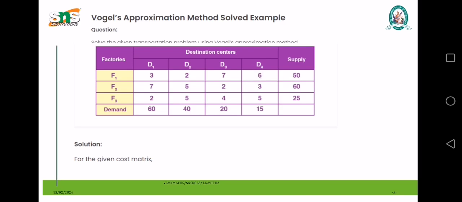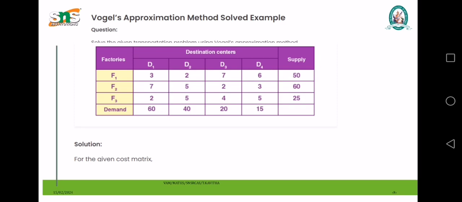This is the problem. Find the IBFS, initial basic feasible solution, to this given problem using Vogel's approximation method. Here factories and destination centers are given: F1, F2, F3 and D1, D2, D3, D4. Supplies are 50, 60, 25.